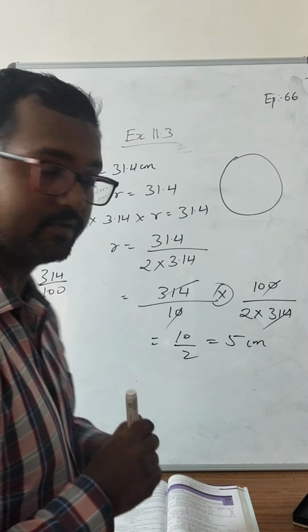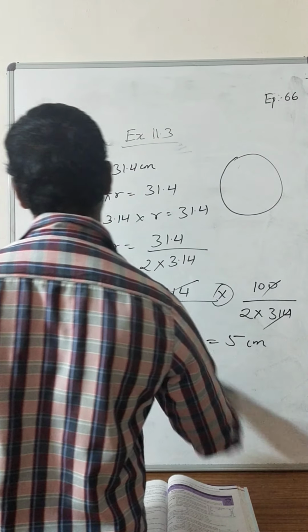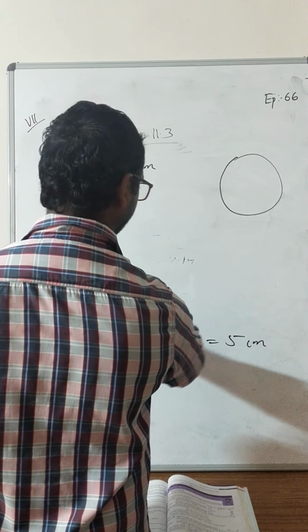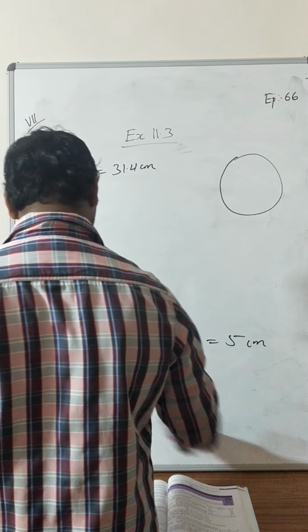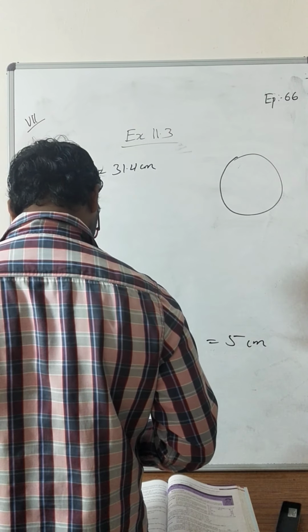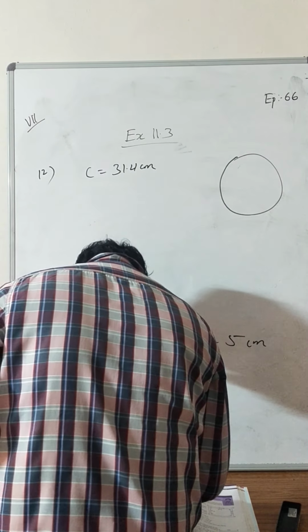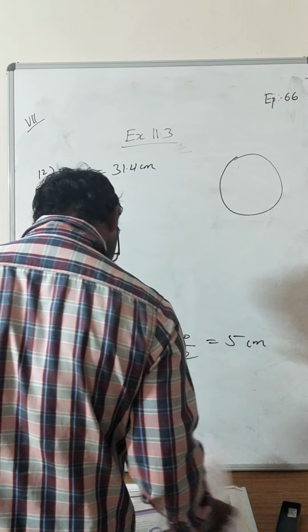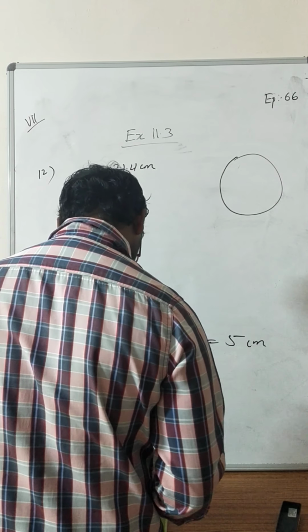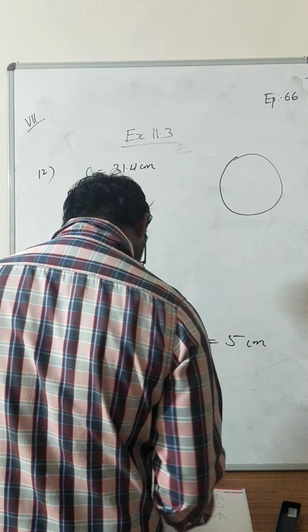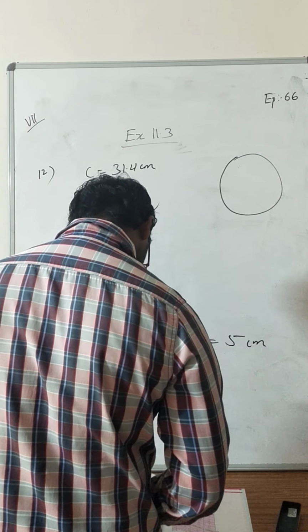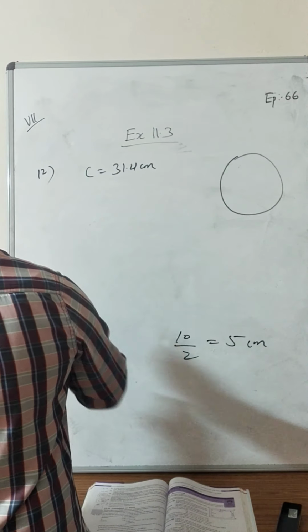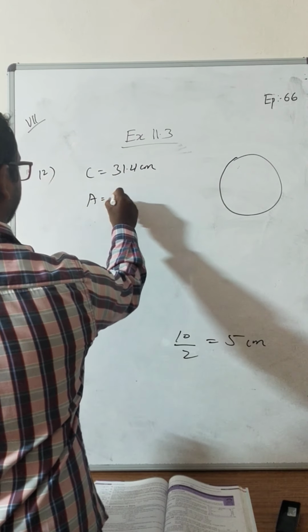Now we have to find the area of the circle. The area of the circle is pi r square.